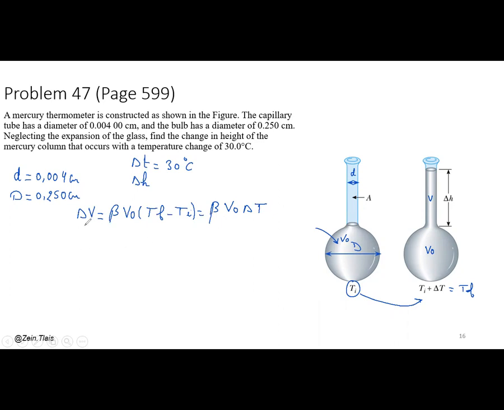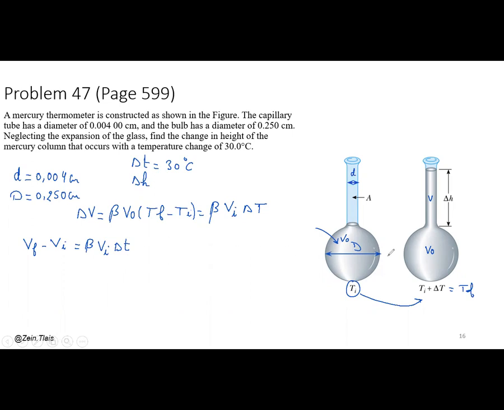Okay, delta V equals V final minus V initial, equals beta V0 delta T. We can say here V0 or we can say V initial. Okay, let's say here V initial.